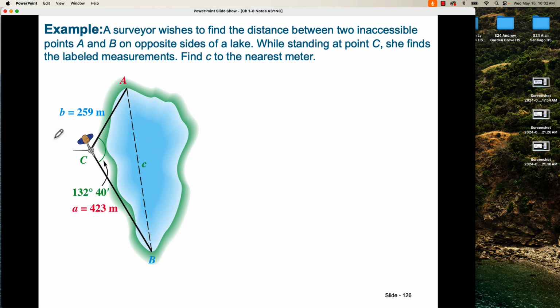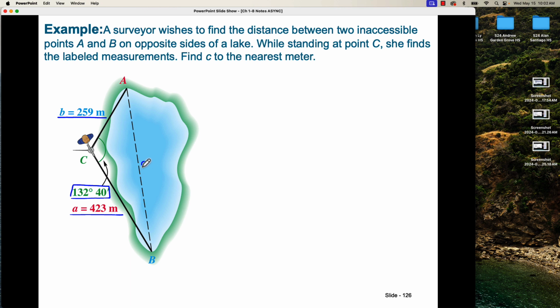So using this point C here, a triangle is constructed, and we know two side lengths and one of the angles. And that is all we need to find all of the other missing parts of an oblique triangle.